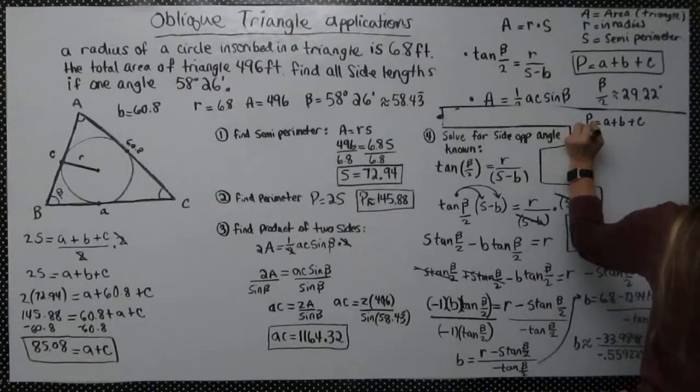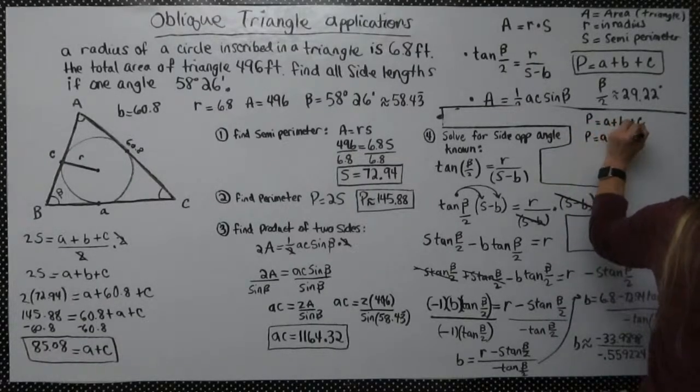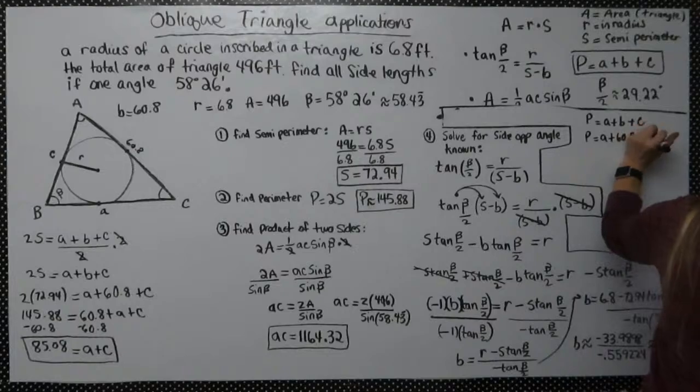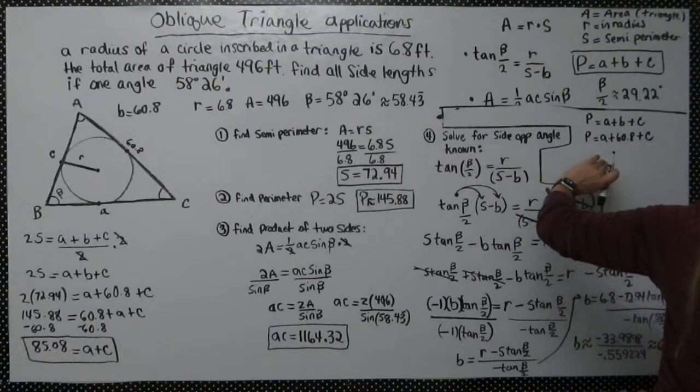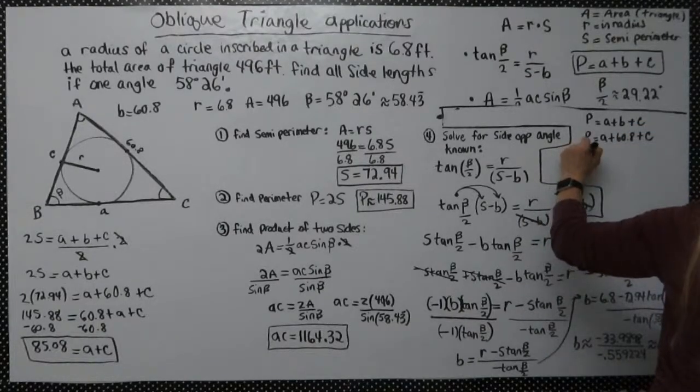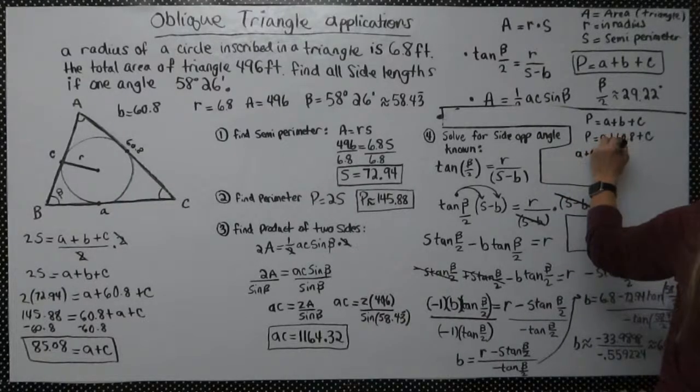So I can say P equals A plus 60.8 plus C. So A plus C equals P minus 60.8.